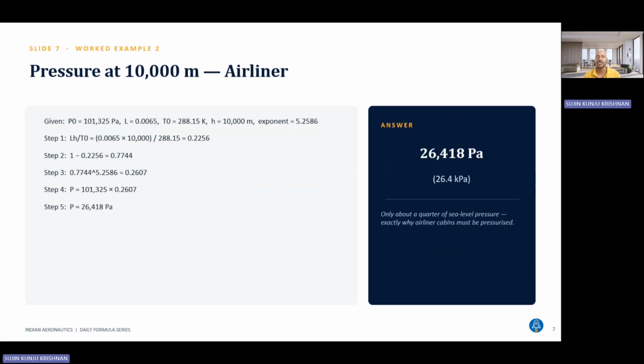Multiply by P0: 101,325 times 0.2607 equals approximately 26,418 pascals, about 26.4 kilopascals, roughly a quarter of sea level pressure. So think about it: at cruise altitude, the air pressure outside the aircraft is only about a quarter of what it is at sea level. That's exactly why the cabin has to be pressurized for passengers to breathe comfortably.